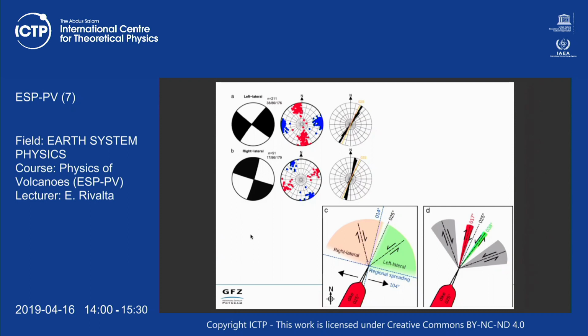There must be more to it. Another is, why do you have all those very fine structures? Another is, why do you have mostly left lateral and not right lateral? And another one is, why are there fault plane solutions like this rather than like this? These are still open, and maybe they will be clarified in the future or maybe not.